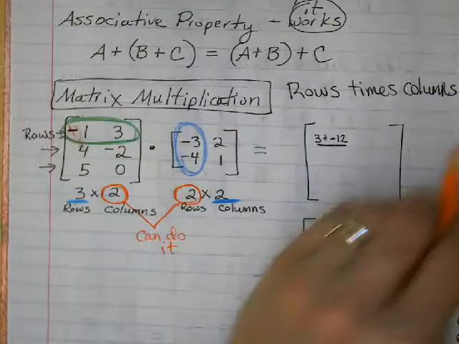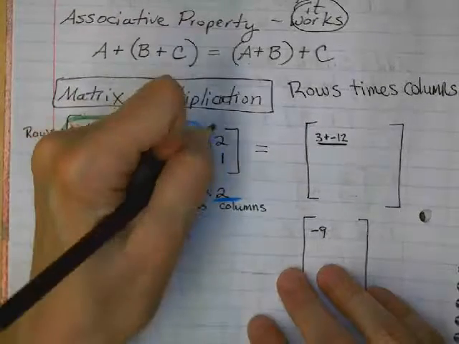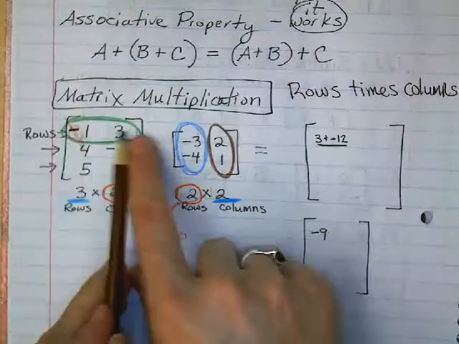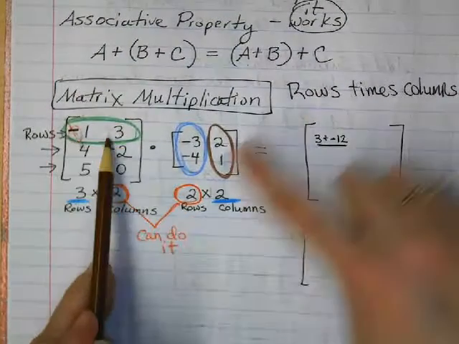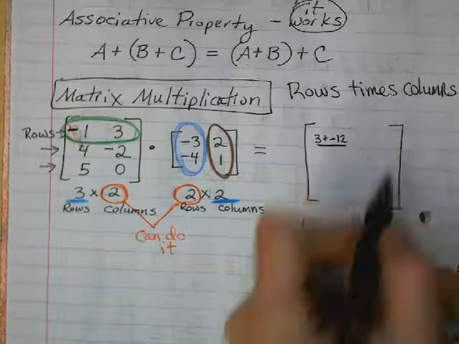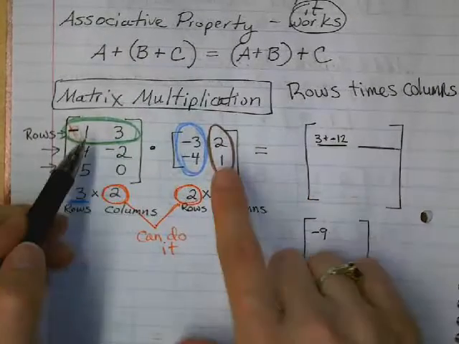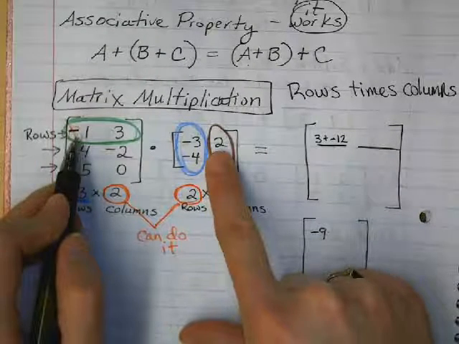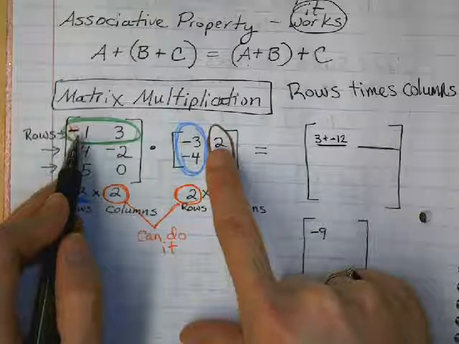Okay, now I'll use another color, this brown. Now we use the same row, the green row, times this second column. So now we're doing it again. I'll write it over here. We're going to do this top row times the second column. So it's going to be this times this.